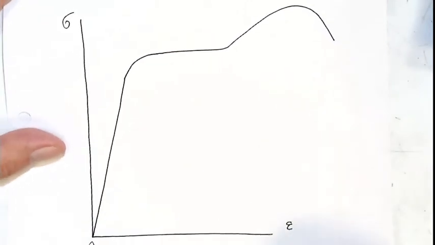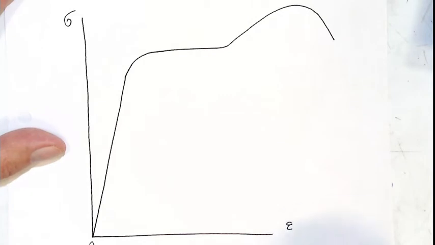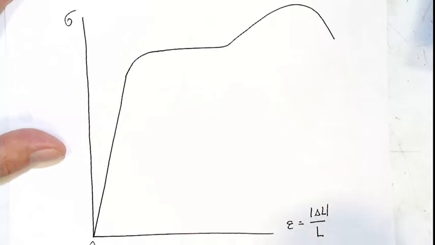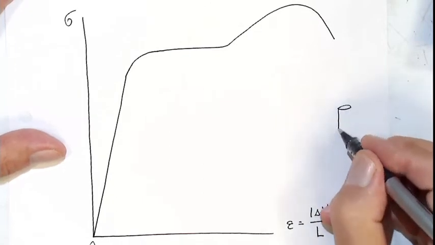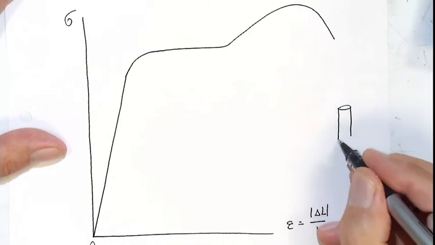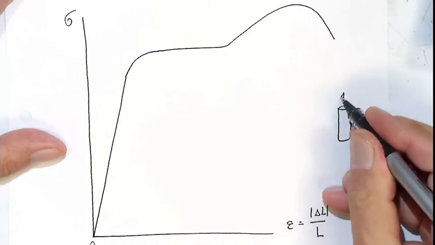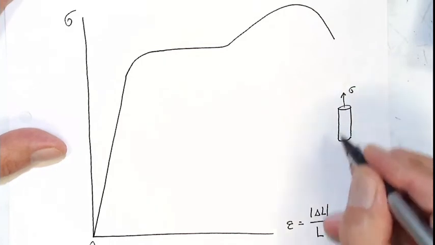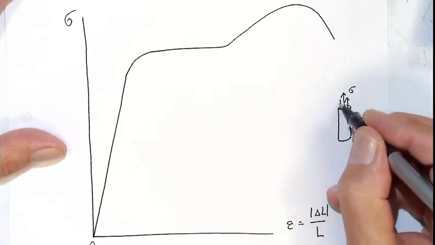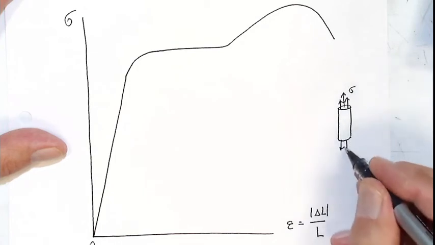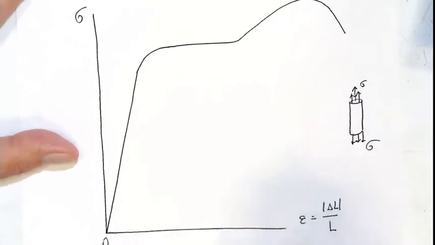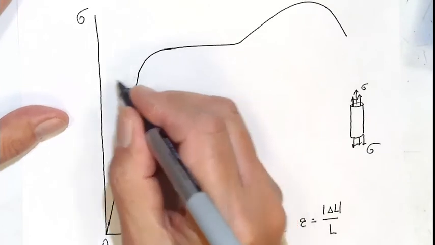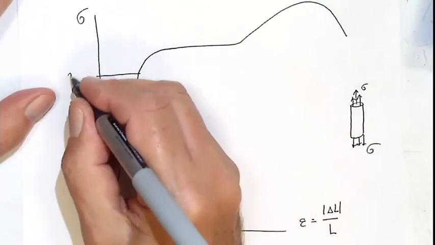Okay, so strain epsilon is delta L divided by original length of the specimen, which is subjected to some load or stress. Okay, until here, this is proportionality limit.